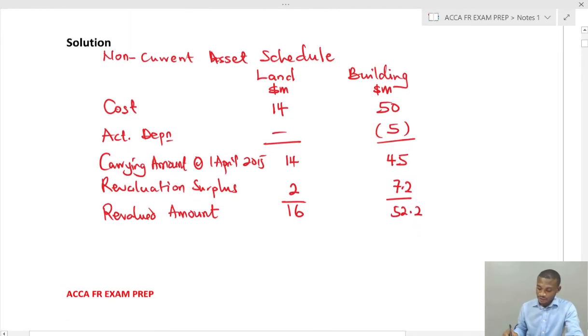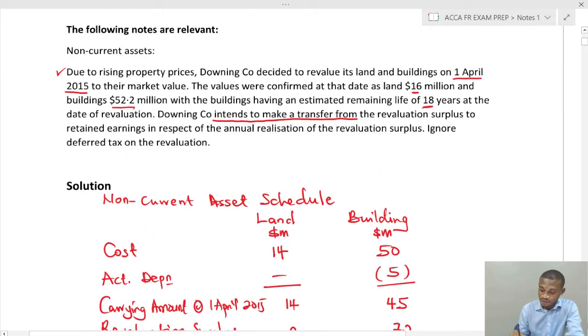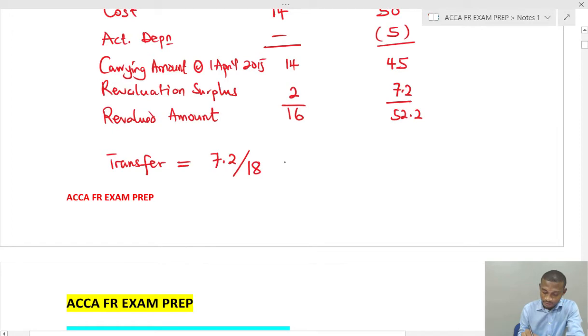Now the transfer, so the transfer should equal the gain on the building divided by the number of years remaining, which is 18, and that will give us, so 7.2 divided by 18, that should give us 0.4 million.